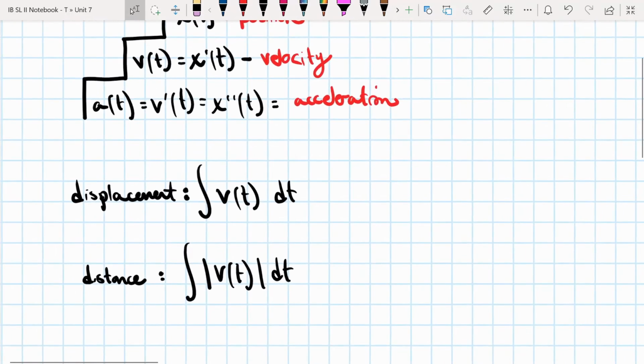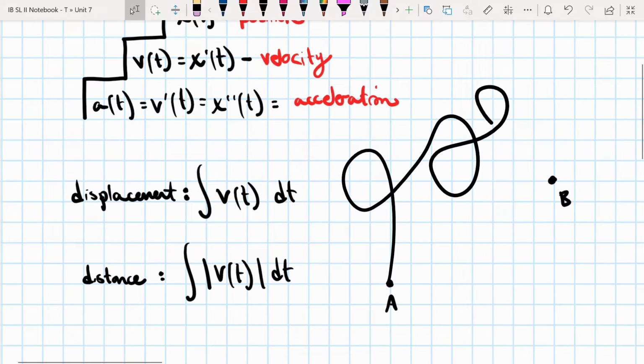Okay, and then a diagram we've seen before is if I wanted to get from A to B, and I take some crazy route, that is the distance I've traveled here. However, the displacement is how far you are from the initial position when you stop.